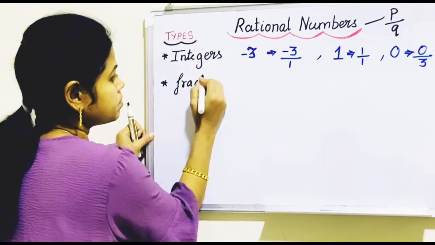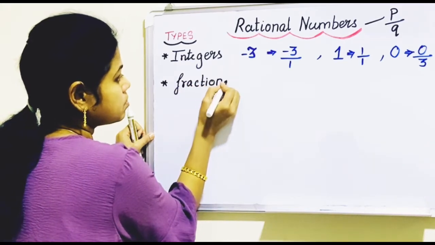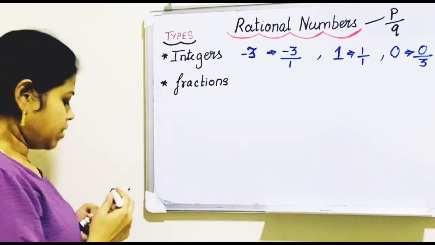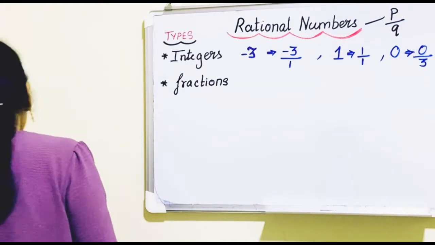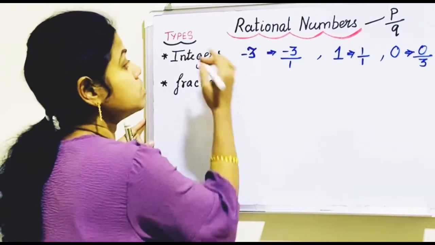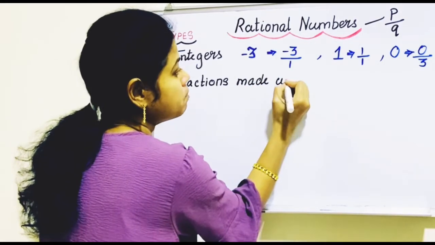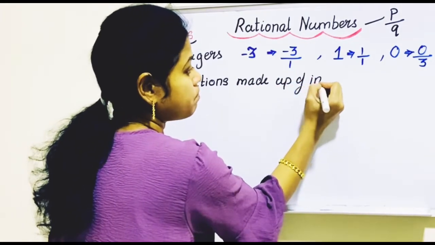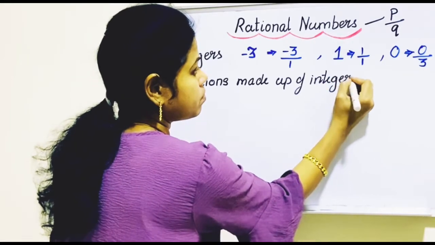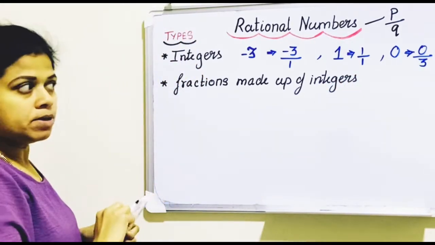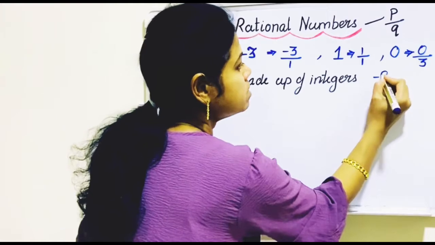fractions. Fractions made up of integers are also rational numbers. Next type is fractions made up of integers. Example, here minus 8 by 4.